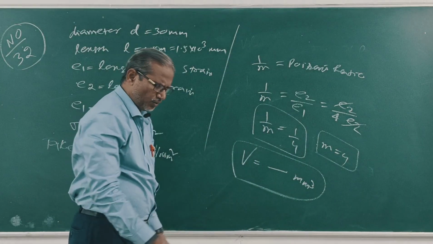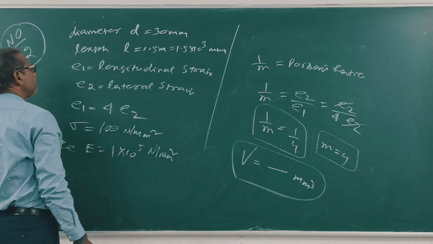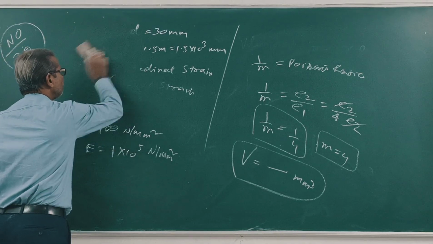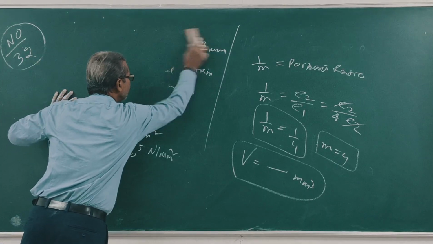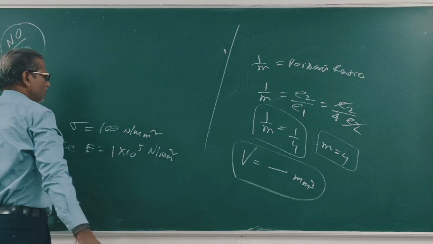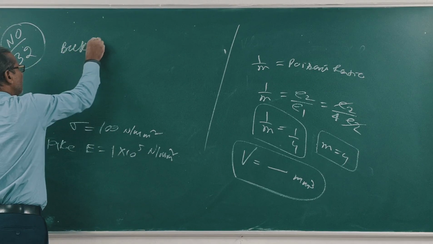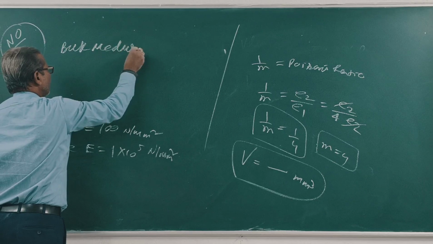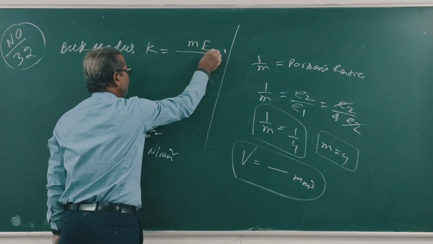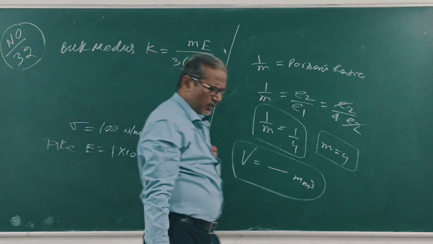Now, bulk modulus K. K is equal to ME by 3 into M minus 2, right?